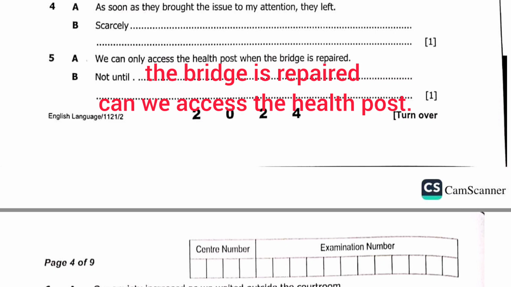Now listen, for you to be good at transformations or rewrites, you need to learn a number of English structures. We have contrast, we have conditional sentences, we have relative clauses, we have the issue of time, direct and indirect speech.